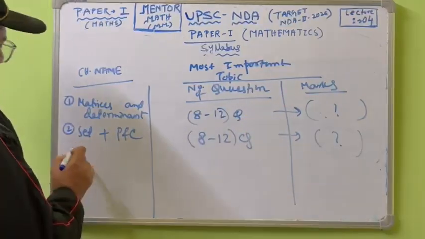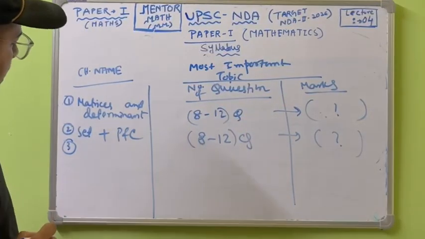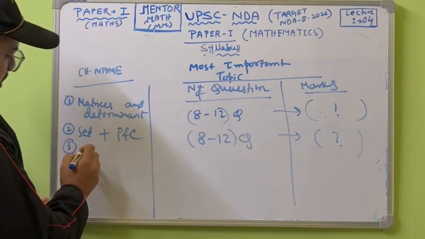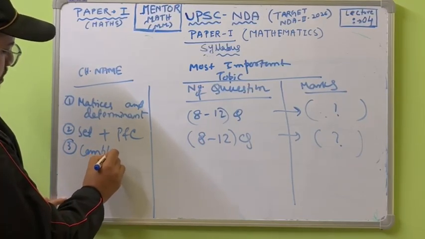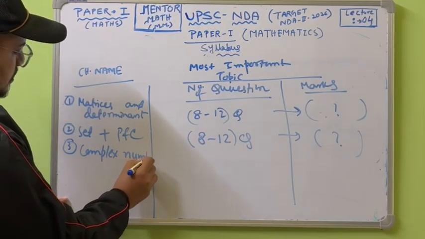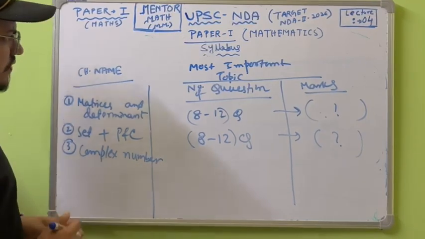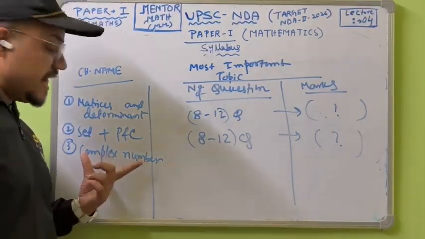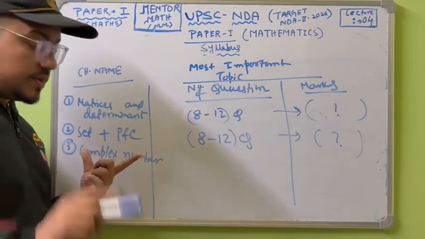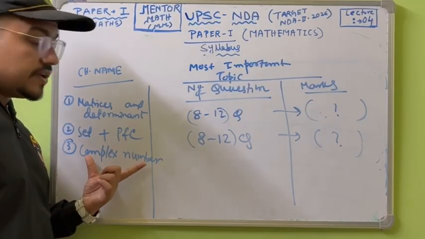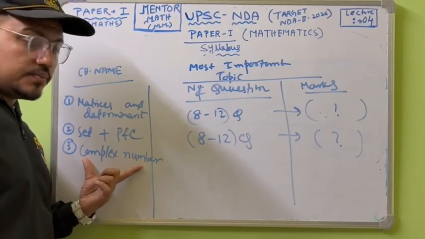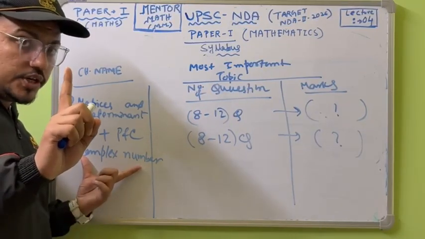Okay, and number 3 is the algebra portion, basically complex numbers. If I missed this chapter name, just put it in your algebra portion. I forgot to write the chapter complex number in that algebra portion, unit number 1.